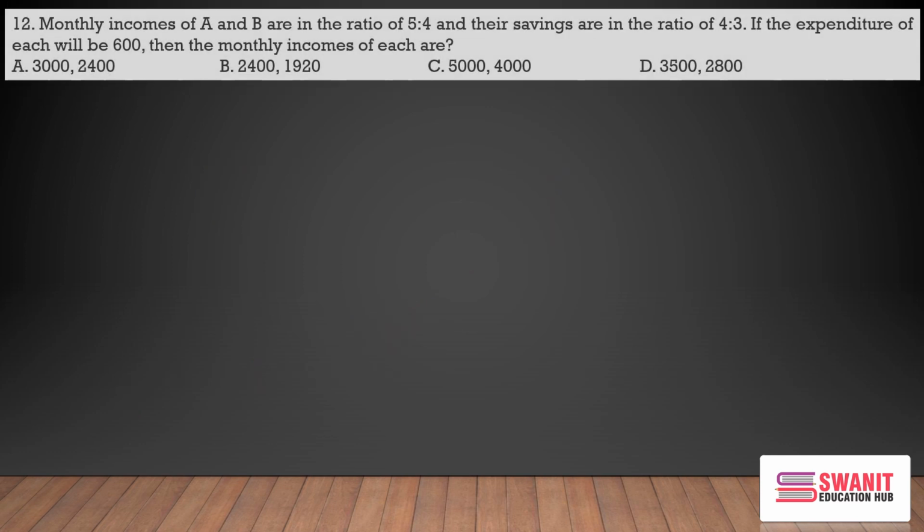Monthly incomes of A and B are in the ratio 5 is to 4, and the savings are in the ratio, in fact, 4 is to 3. If the expenditure is 600 rupees for each, so they both are spending 600 rupees each, then the monthly incomes of each are?